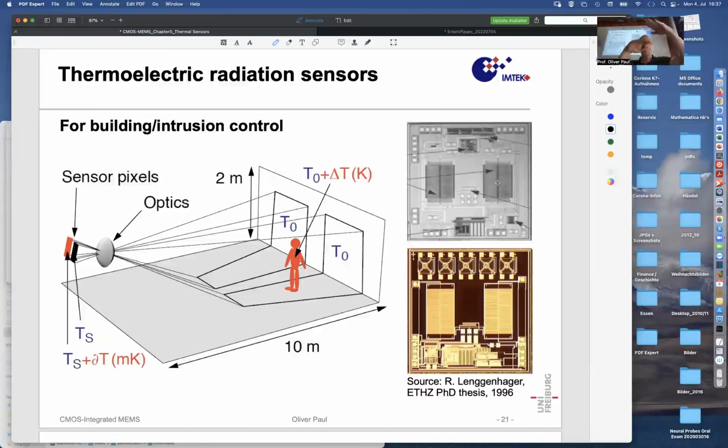Maybe 5 micrometers thick. And in between those, there are some thermopiles made of polysilicon, aluminum, and not much else. So there is maybe 6 micrometer thickness of material, but this chip is 5 millimeters large.